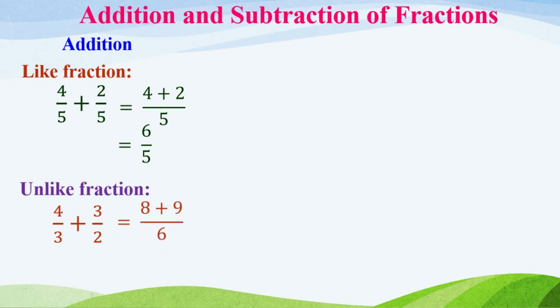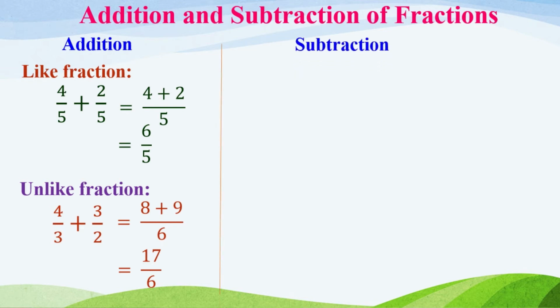Here do cross multiplication. 4 2s are 8 plus 3 3s are 9, by 3 2s are 6. We get 8 plus 9 by 6. Now we can add the values. 8 plus 9, 17 by 6. We get 17 by 6.